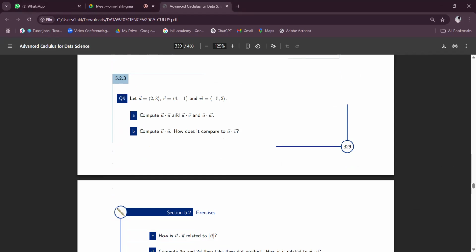What is part A, the final answer of U dot U? Let U be 3, 2, minus 1, V be 2, and W be minus 2.